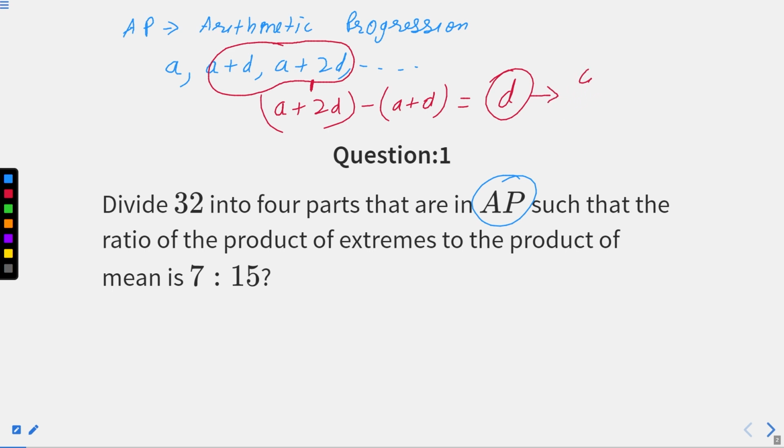This is called the common difference. Okay, clear? Common difference.